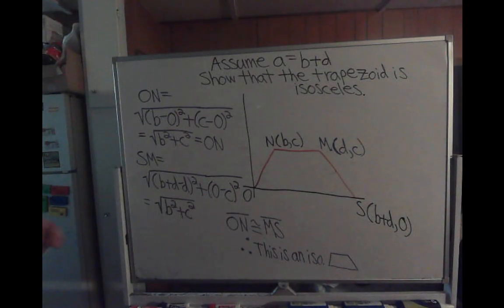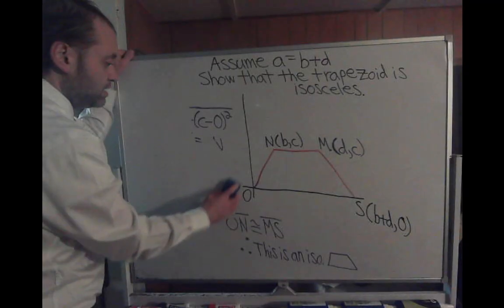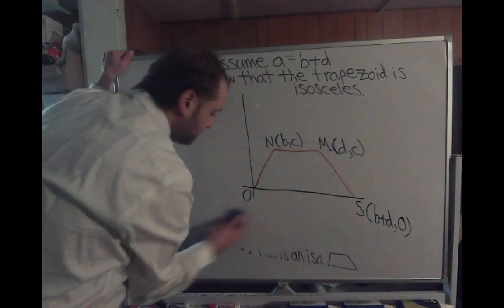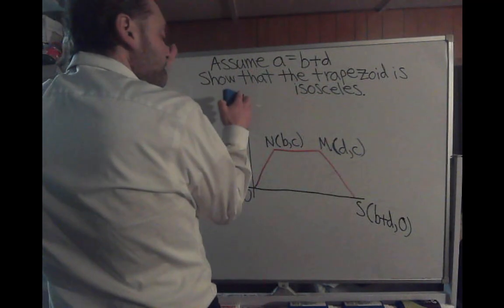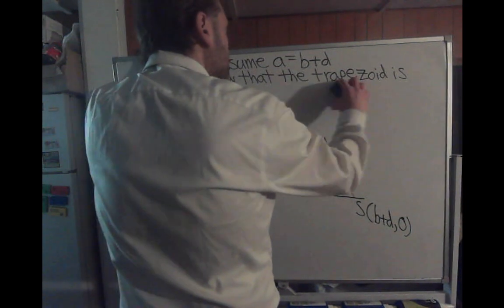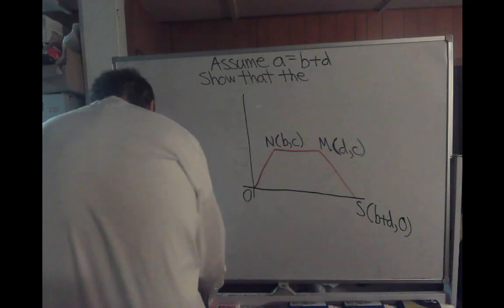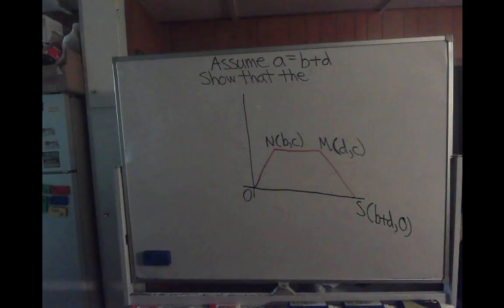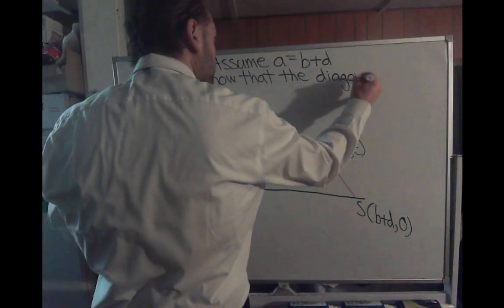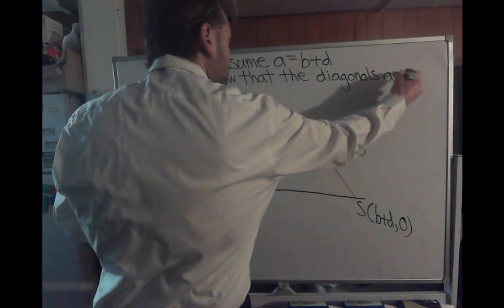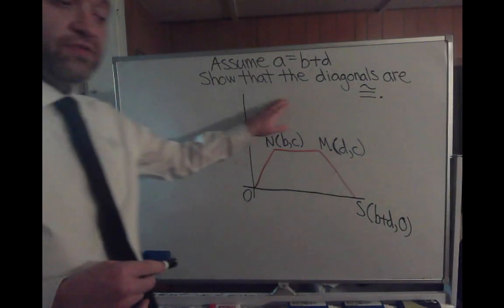One last exercise, then we're done, I promise. Alright, now we want to show that the diagonals of this trapezoid are congruent.